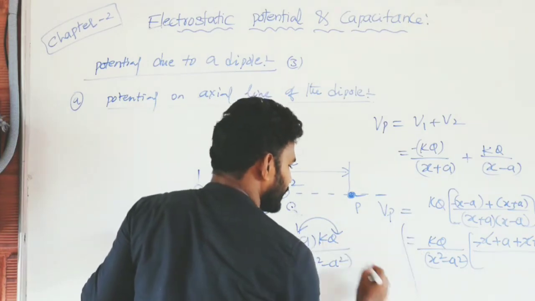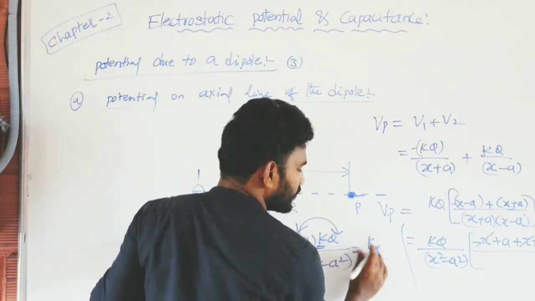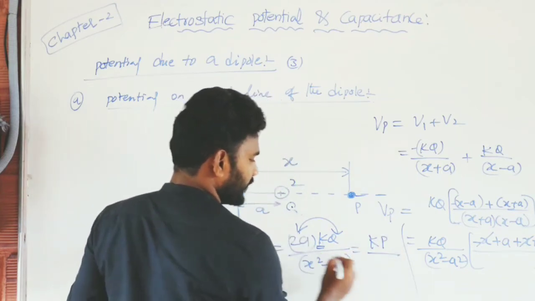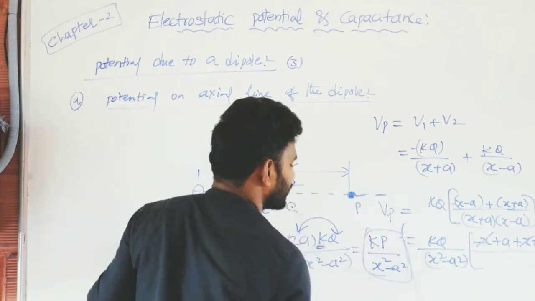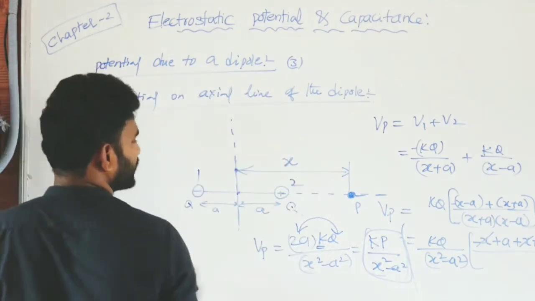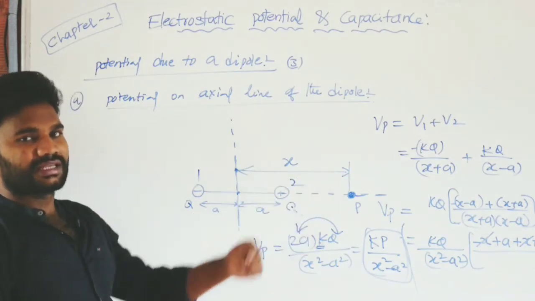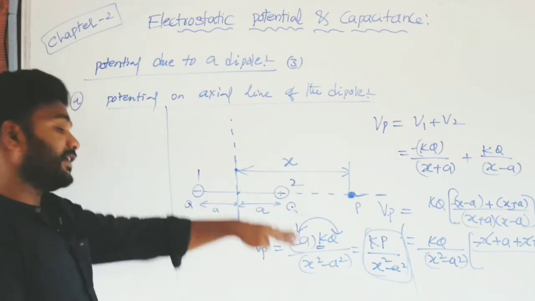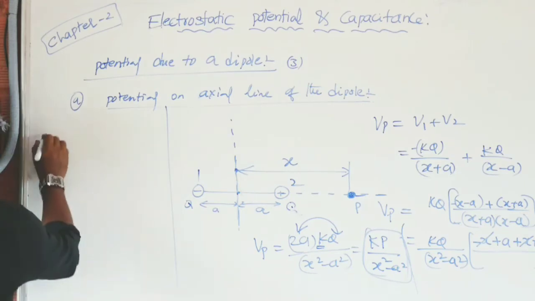So finally you will get the answer as k into p, that is kp divided by x square minus a square. This is the final formula of the potential due to the axial line of the dipole. So far we have discussed electric field. Electric field is different, potential is different. Try to understand. Next we will go for the short dipole.